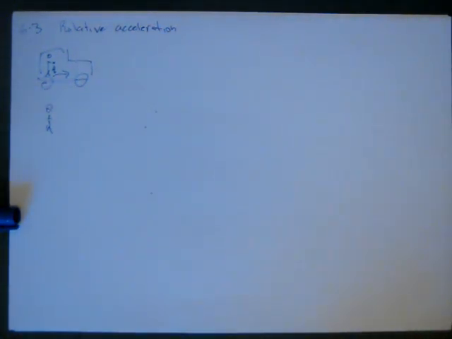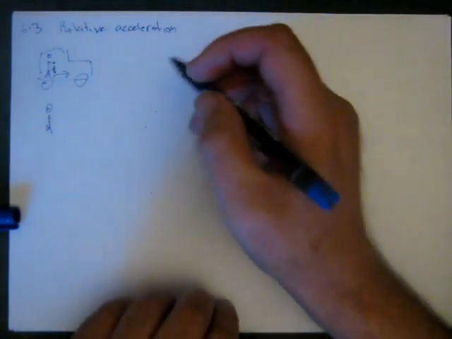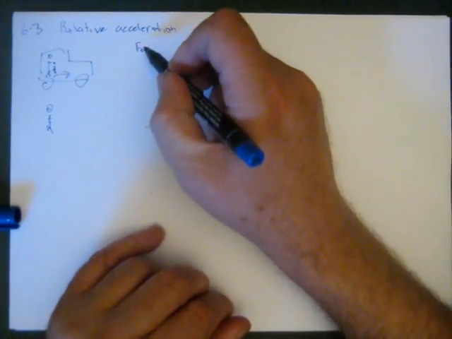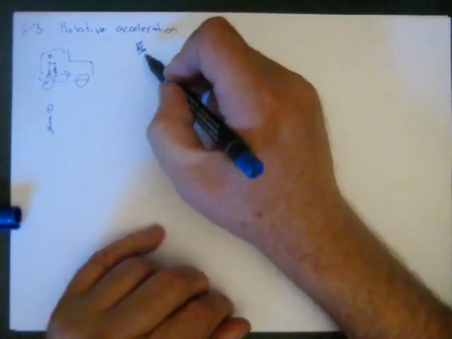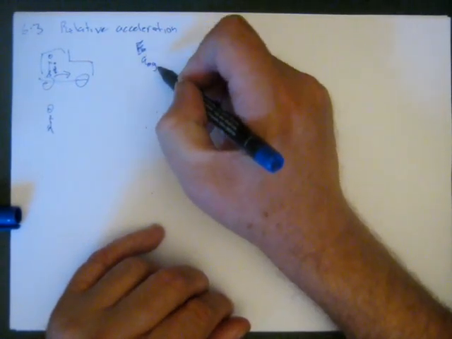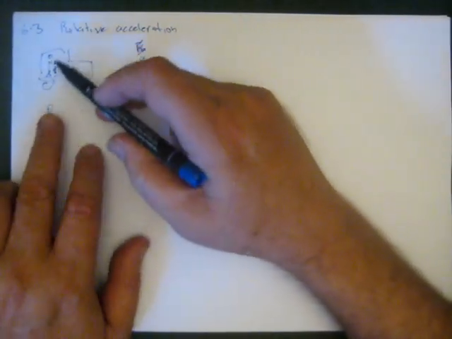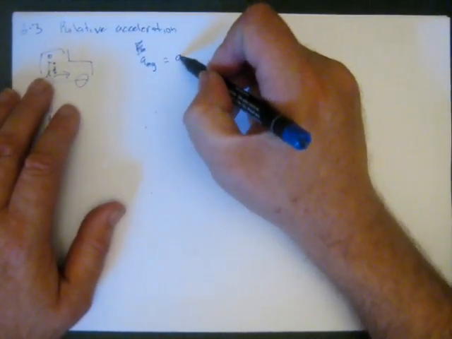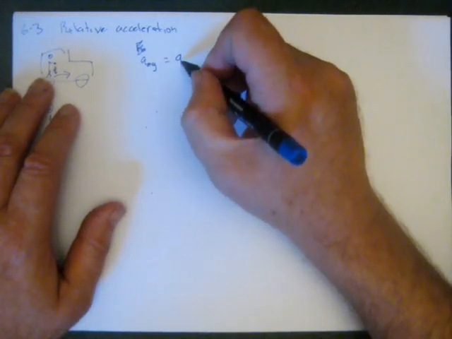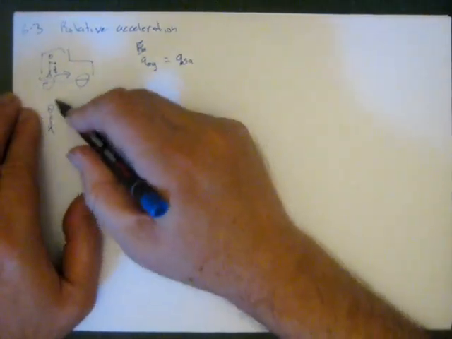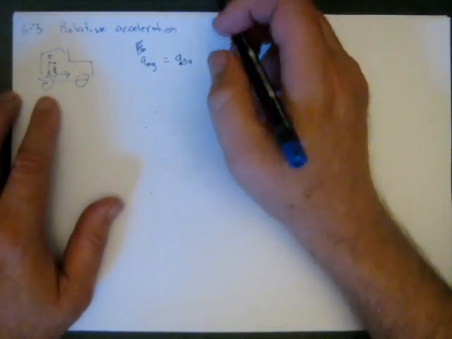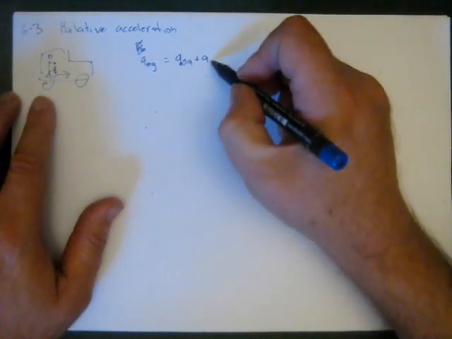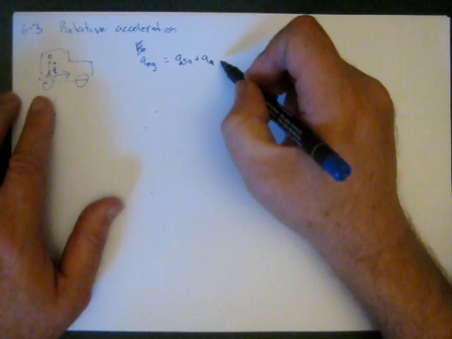But let's start off in the case of an inertial frame. So basically the acceleration of the observer compared to the ground, or me compared to the ground, is going to equal the acceleration of the van relative to the ground, plus the acceleration of me relative to the van.